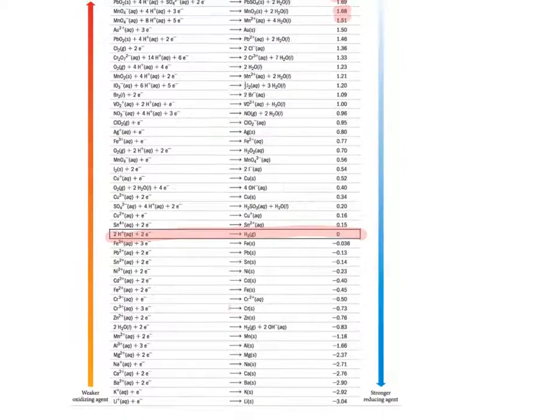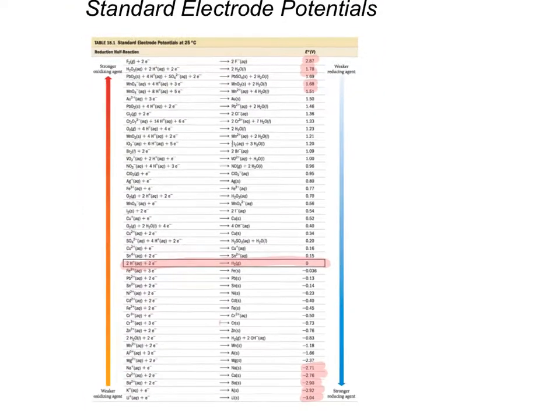Down below, we have negative values, right? What we see with respect to the arrangement of this table is everything down here loves to be oxidized. Everything with a negative reduction potential loves to be oxidized, whereas everything up here loves to be reduced.